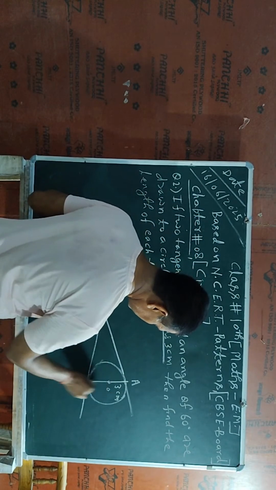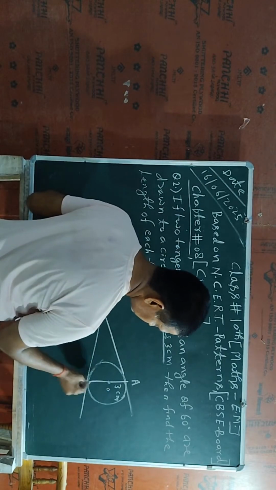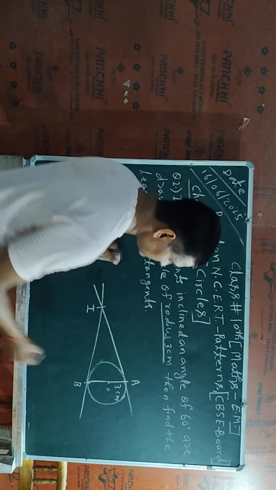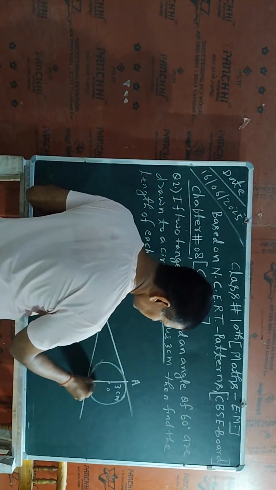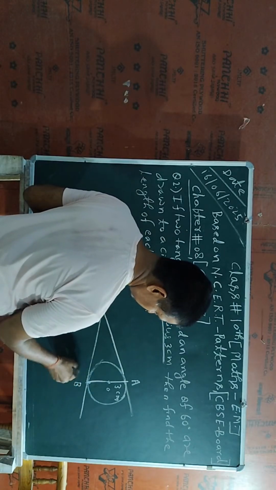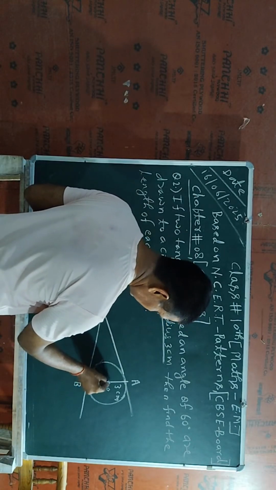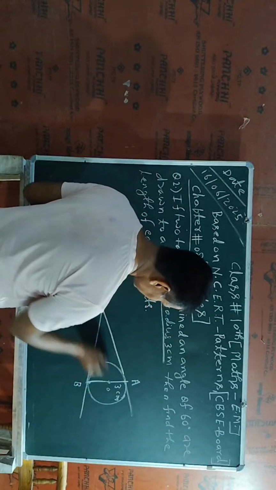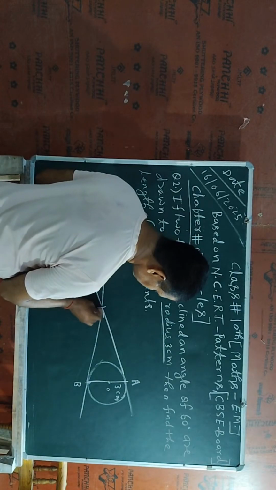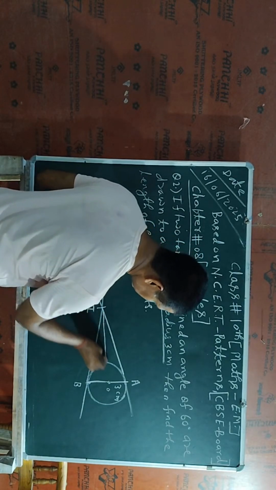Now again I will draw a line from the center of the circle to the point of contact of the tangent, that is at B. Now I will draw a line from the center of the circle, and that line I will join with the point of intersection of these two tangents.